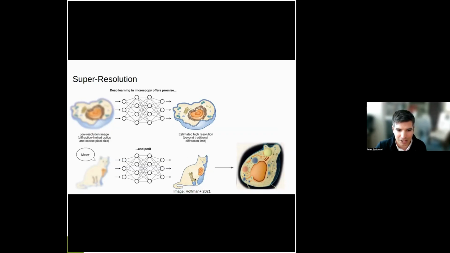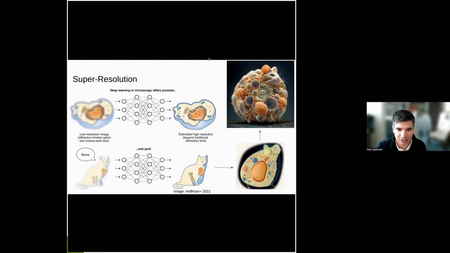If you then plug this into the latest versions of these AI image generators, you can get really highly detailed cat cell images. But obviously, these are not particularly useful for science.